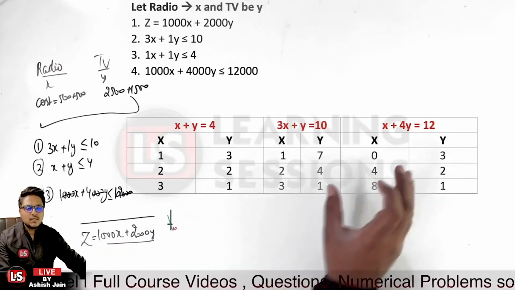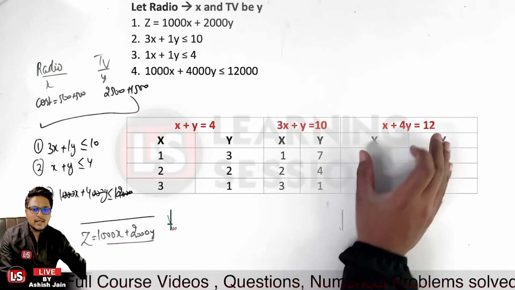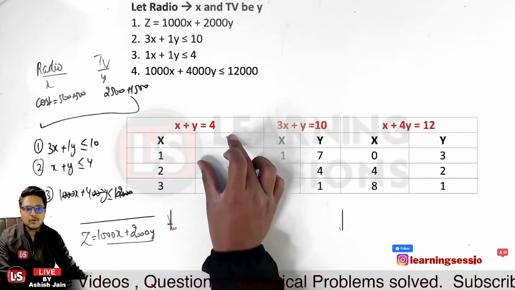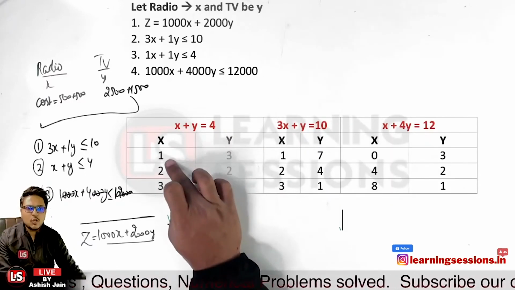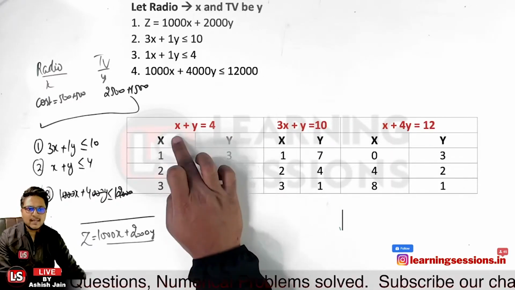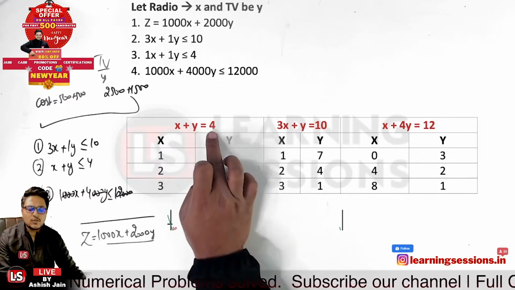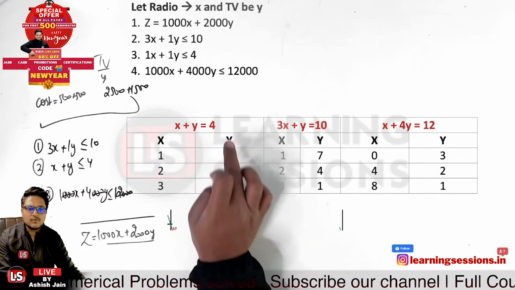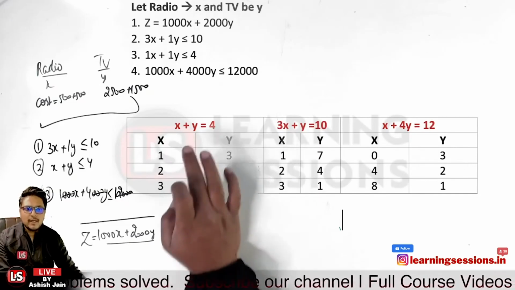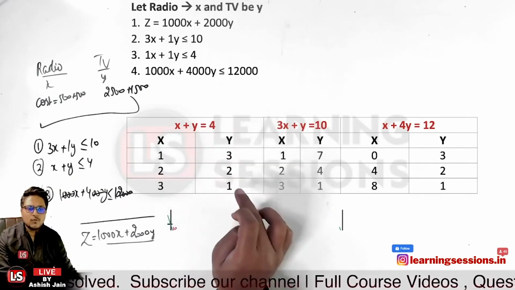We just converted the inequalities into equalities. For different values of x, we calculated the value of y. When x is equal to 1, y is equal to 3, because y is equal to 4 minus 1, that is 3. When x is equal to 2, y is equal to 2. When x is equal to 3, y is equal to 1.